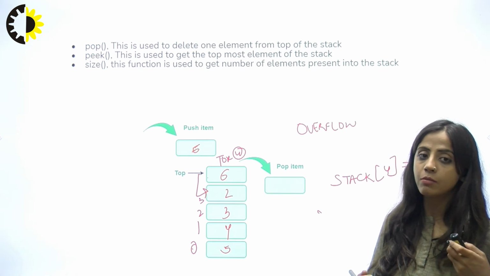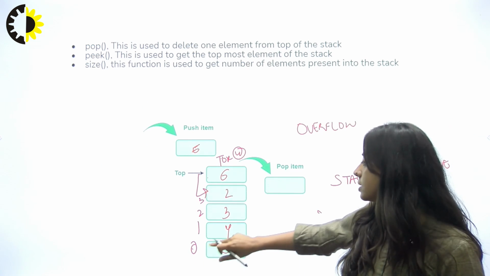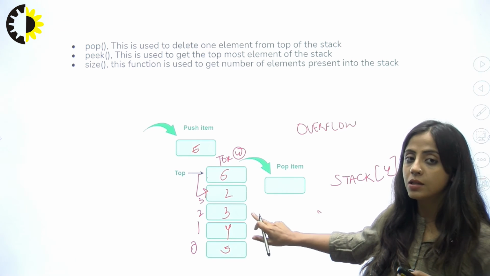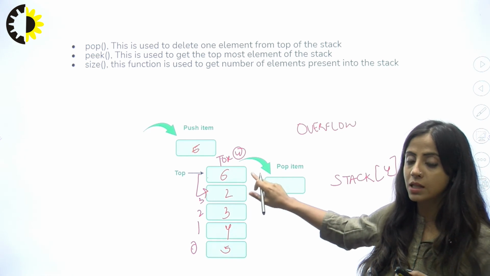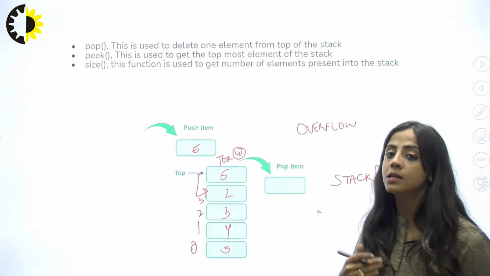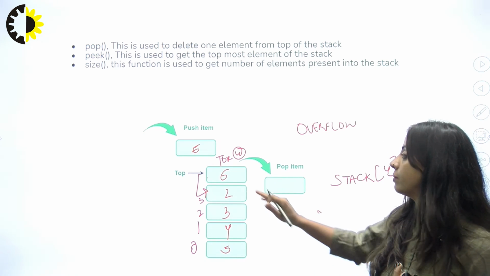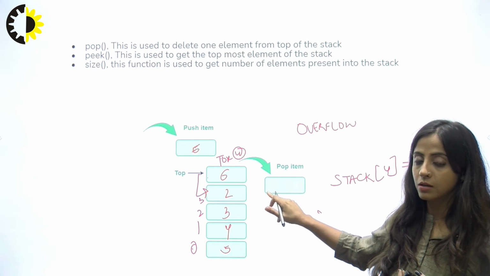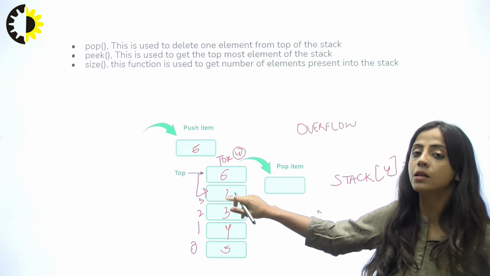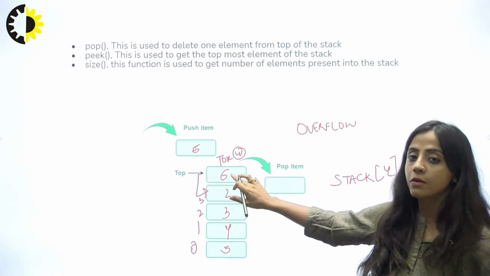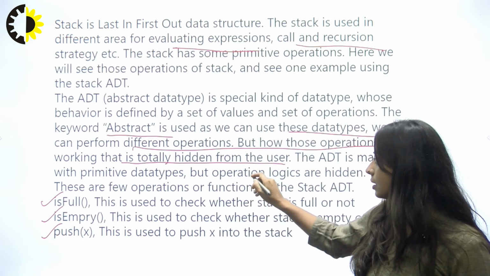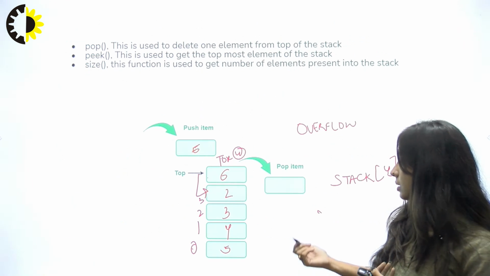Now what does this statement mean? The insertion was done in this manner. First 5 came, then 4 came, then 3 came, then 2 came, then 6 came. Now deletion will be done in the opposite or reverse order. The first element to be deleted here will be 6.